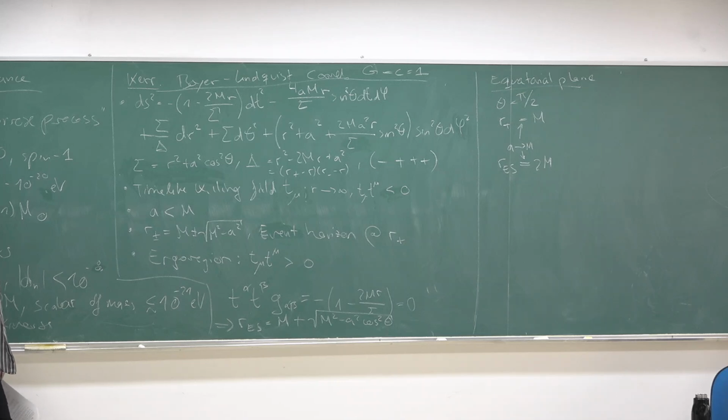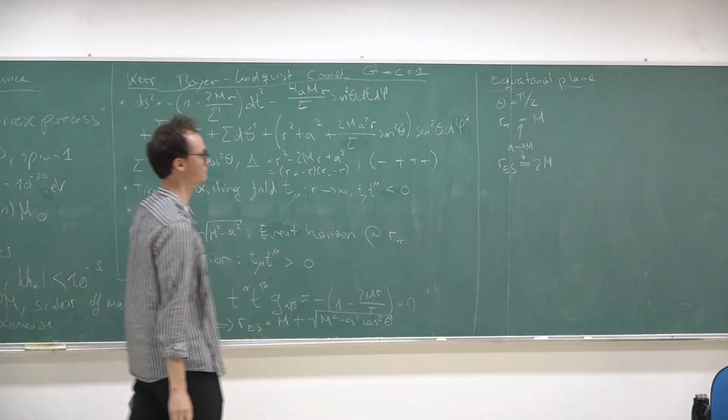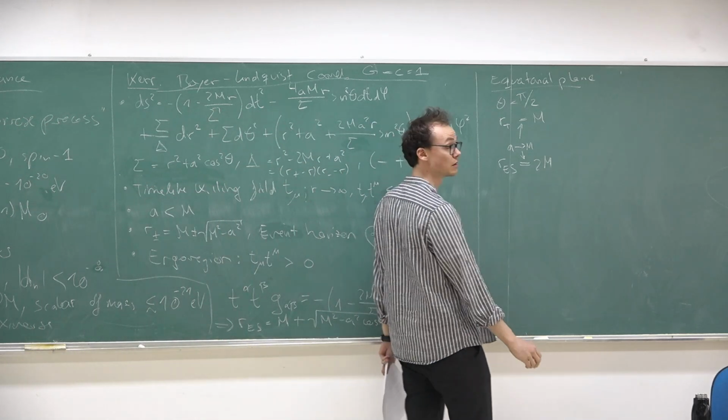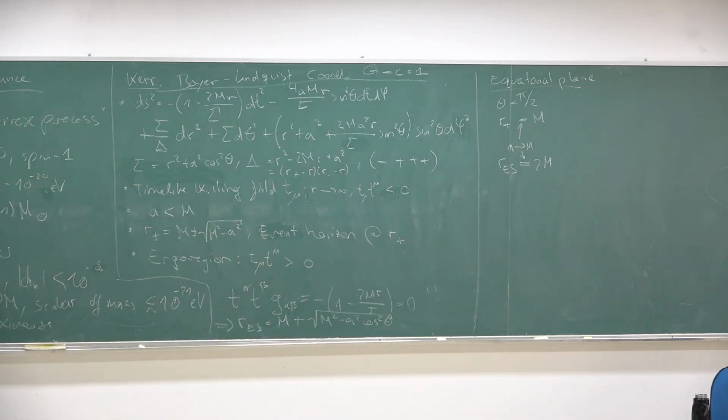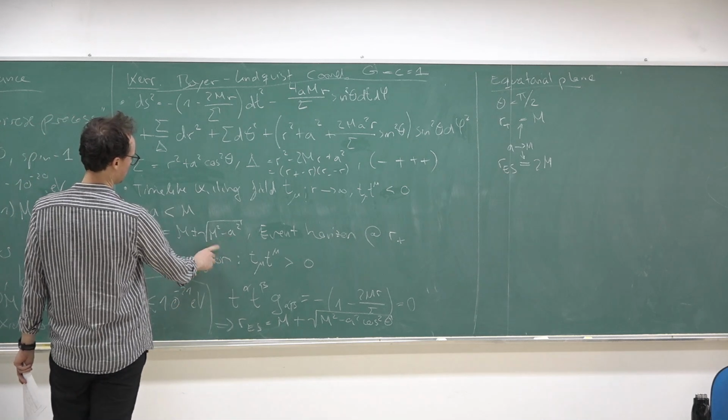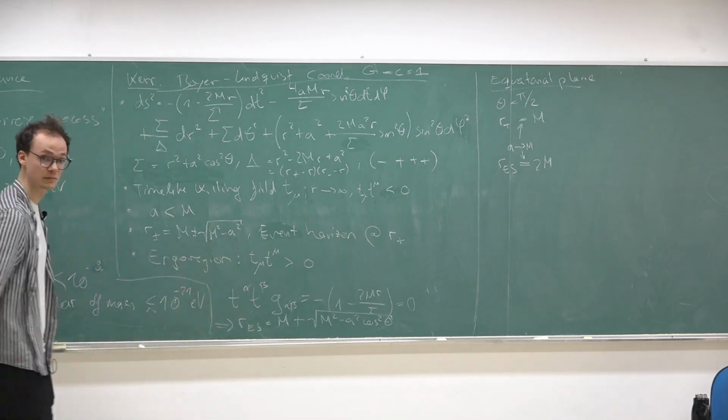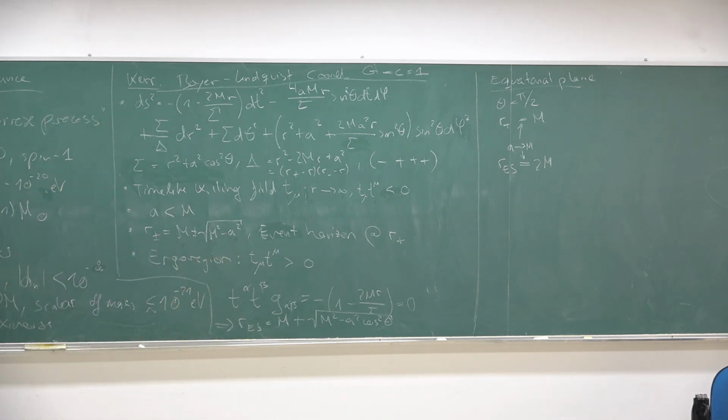So there is a lot of physical space in here. Sorry, the r plus shouldn't become 1. Why did you say it's just M? We said a goes to M, so the square root is 0, and it's just M. But what is the reason for sending a to M?